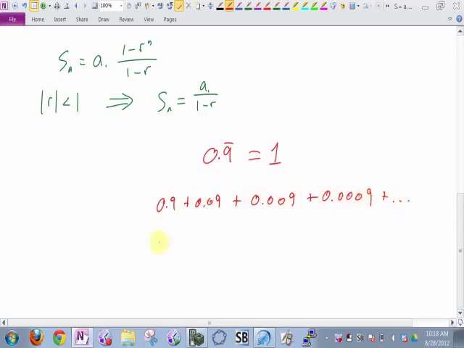That's a geometric sequence where the first term is 0.9 and the common ratio is 1/10. So your infinite sum, I should put an infinity symbol there, is the first term, 0.9, over 1 minus 1/10. That ends up being 0.9 divided by 0.9, which is, in fact, 1.